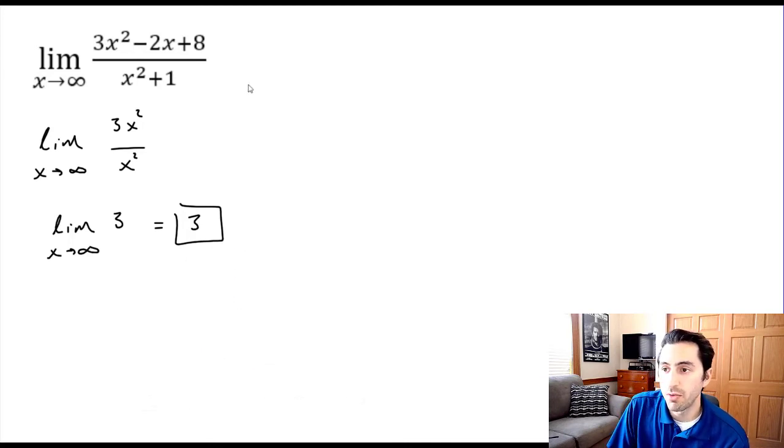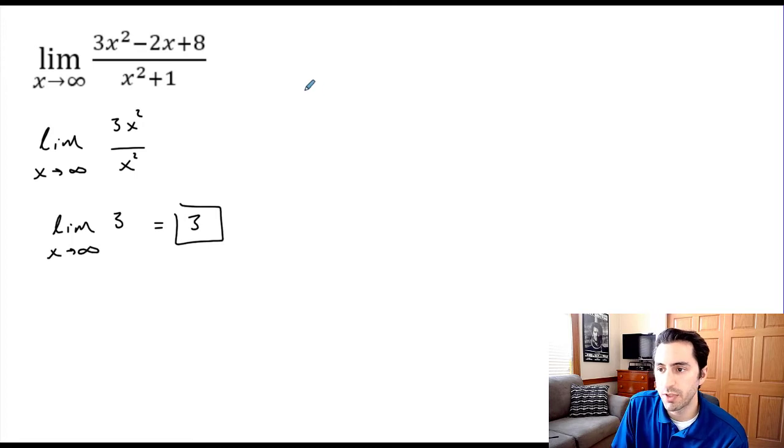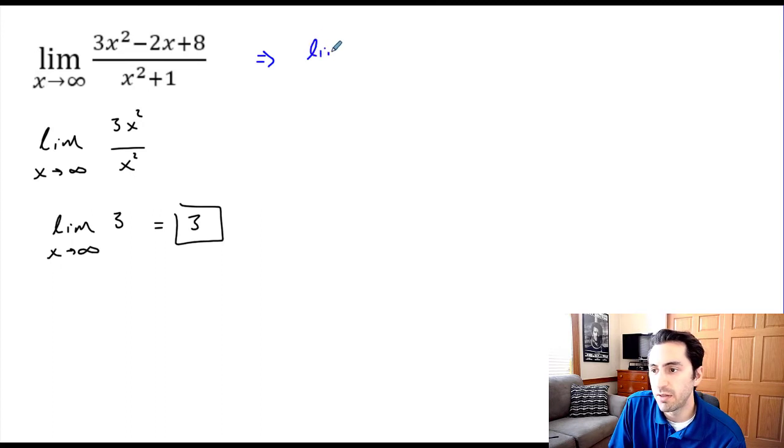Now, the other way we know how to handle this would be to write everything in that 1 over x form. So just to compare what that looks like, let's divide everything in that rational function by x squared.